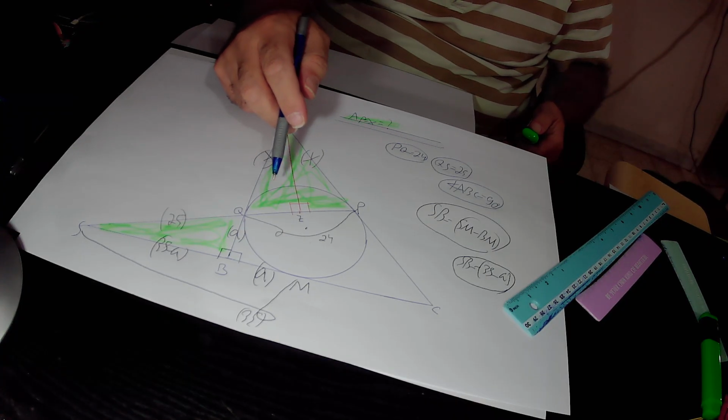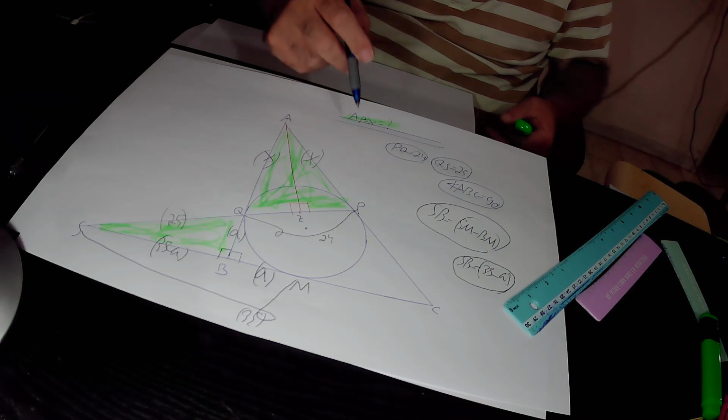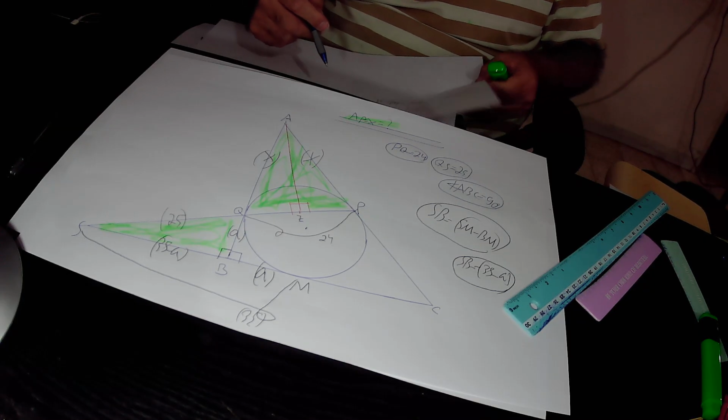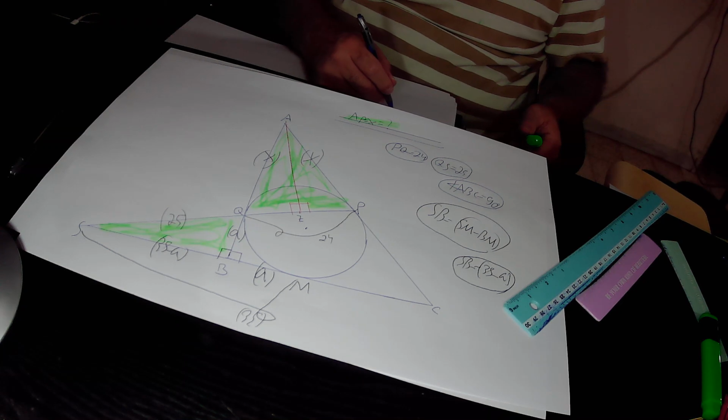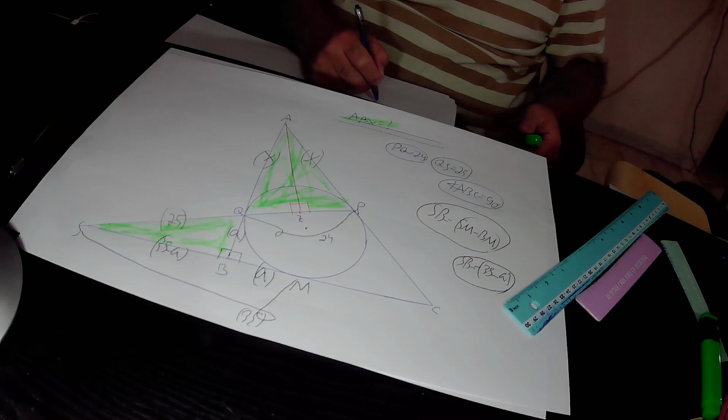That is to say, QZ equals ZP equals QP over 2. So the first half is QZ, and of course it equals the second half, that is ZP, and each half must be equal to QP over 2.